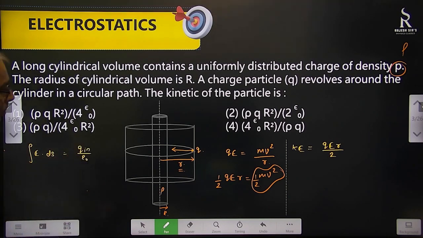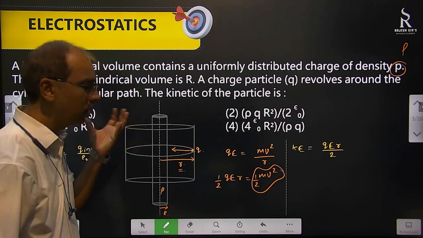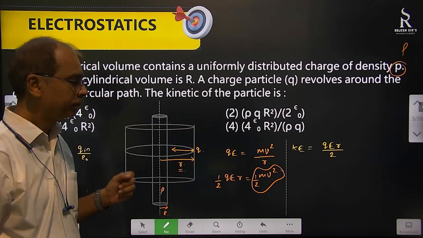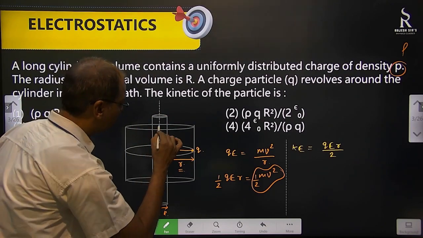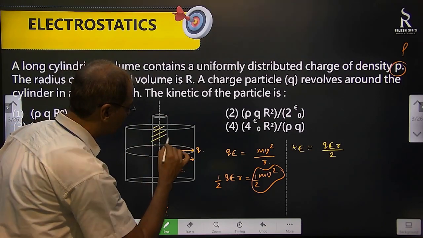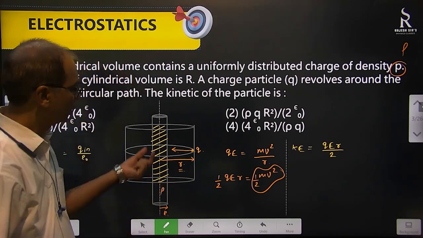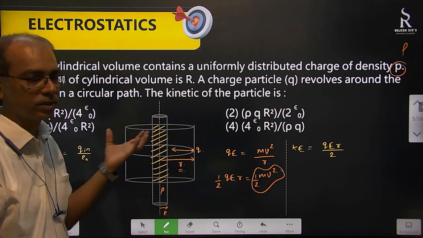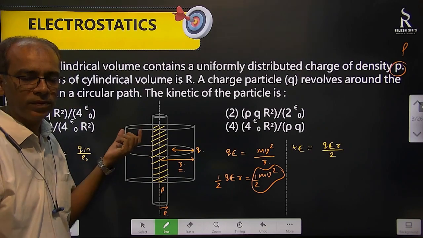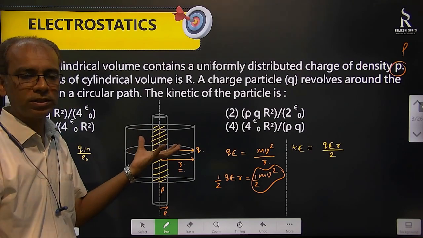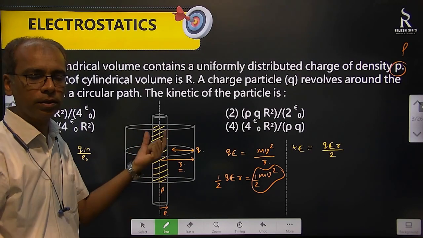Now the question is, how much is the Q inside? We'll say that Q inside is only in this cylinder. Whatever is the charge in this cylinder, that is the only charge. Why? Because this is a Gaussian surface, a hypothetical surface. It doesn't have any charge. Where is the charge? In this cylinder.